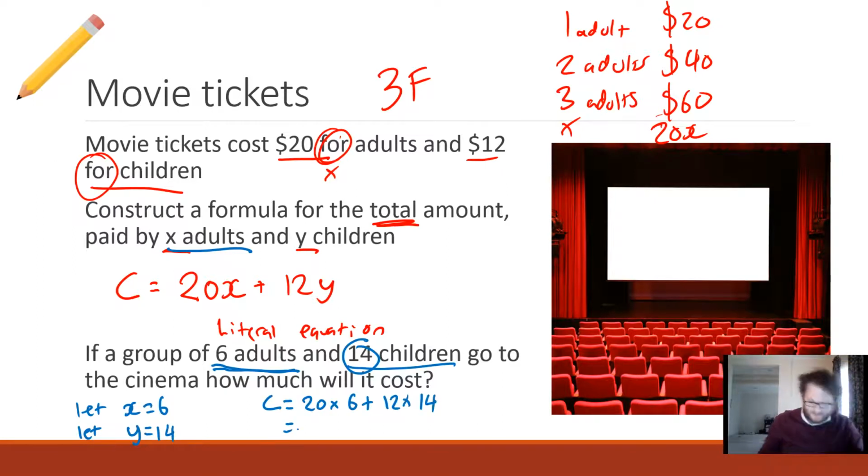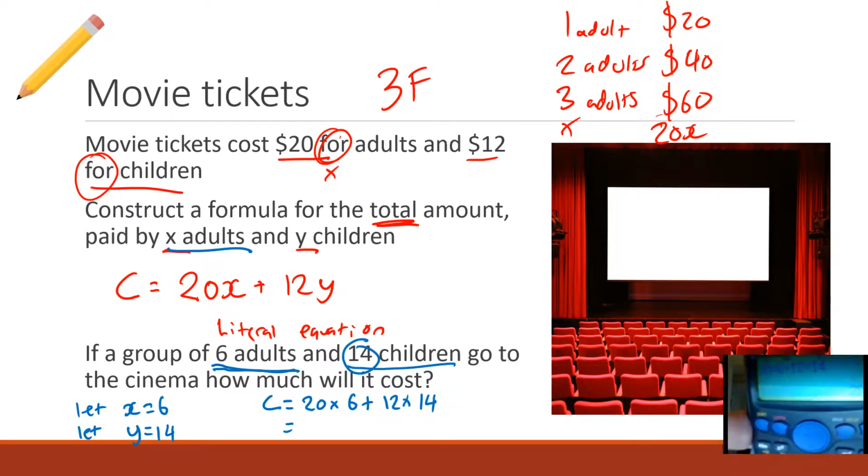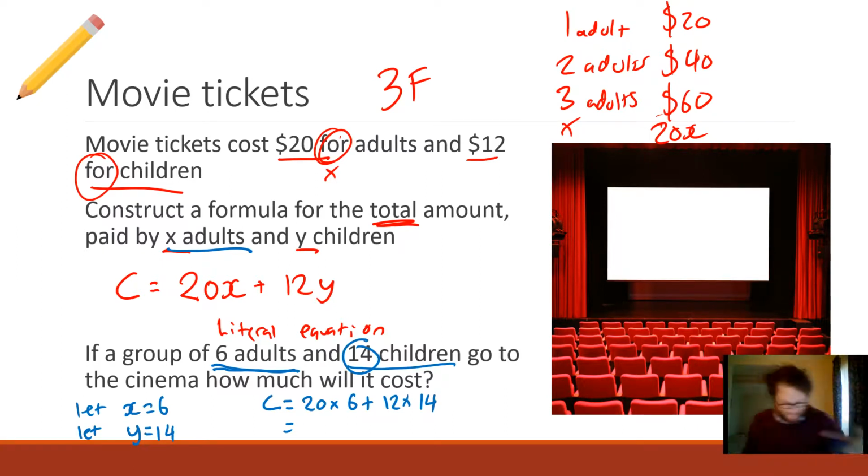If I put this into my calculator, which I'm going to do right now, 20 times 6 plus 12 times 14, I get 288. $288.